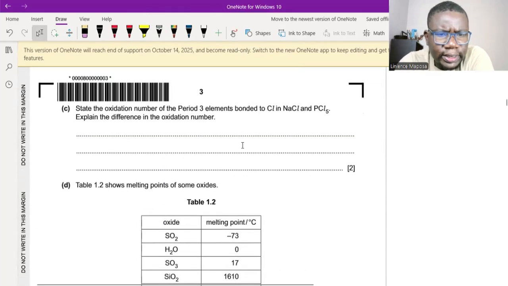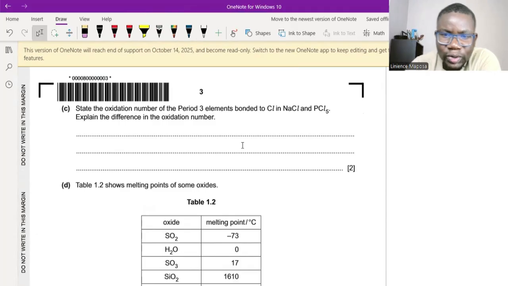State the oxidation number of the period 3 element bonded to chlorine in sodium chloride and PCl5. Explain the difference in the oxidation number.